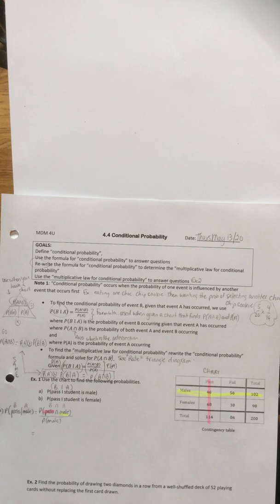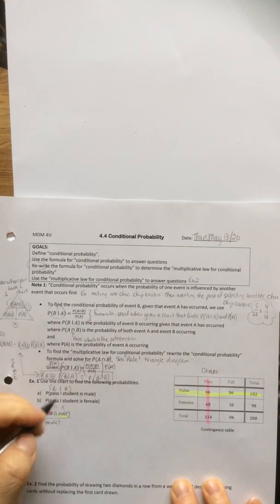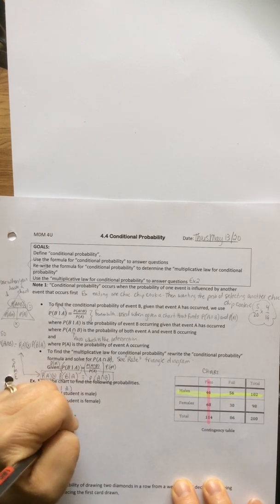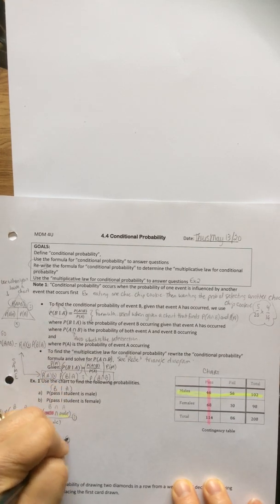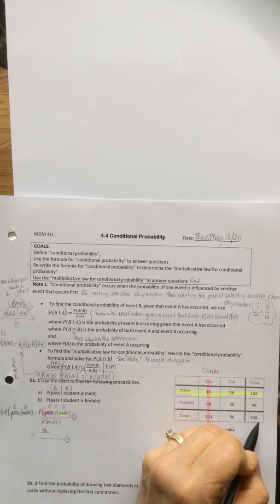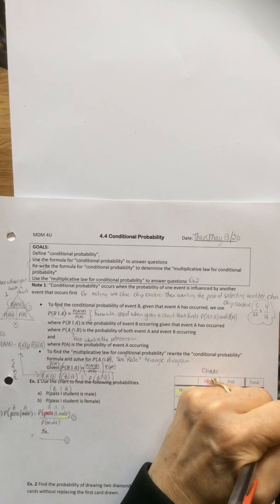Well, where the pink crosses the yellow. So the probability of the intersection is 46 over, this is the big divide line, over the total. Now, if we want to know the total here in the sample set, we have to talk about 200. So that's the total in the sample.